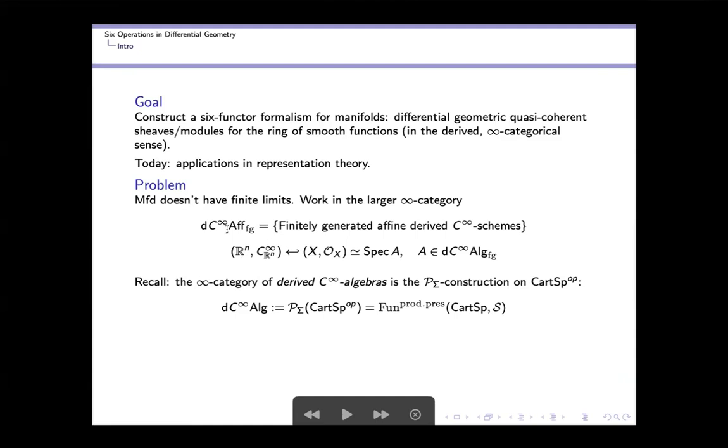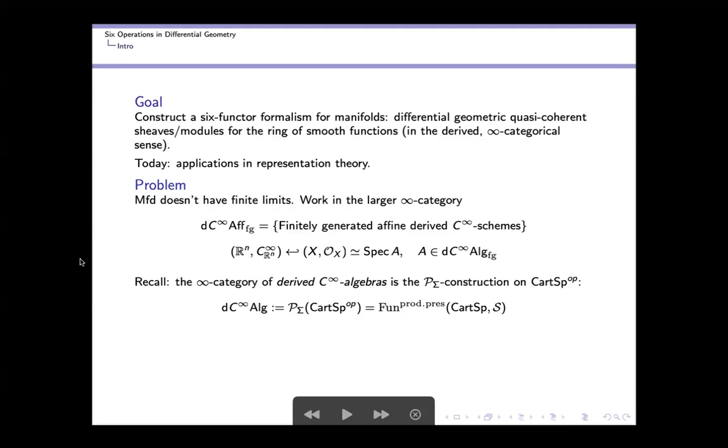So in this category, we have this P sigma construction. In this category of rings, the rings of smooth functions on Cartesian spaces take the role of the polynomial rings in usual algebraic geometry.